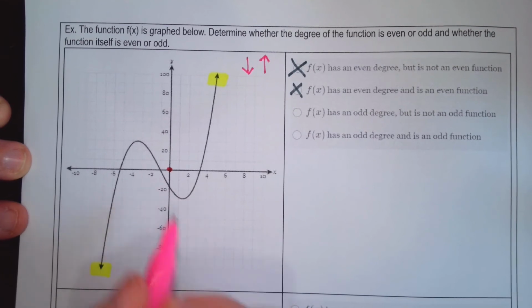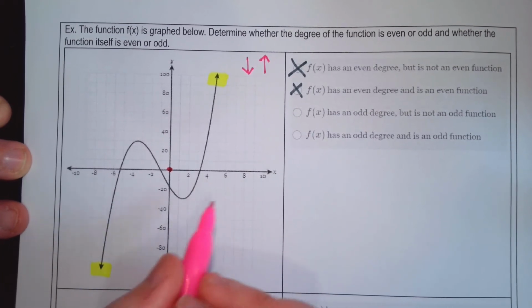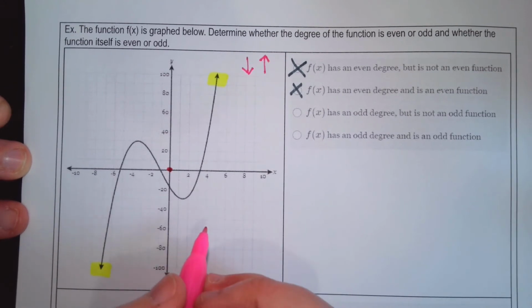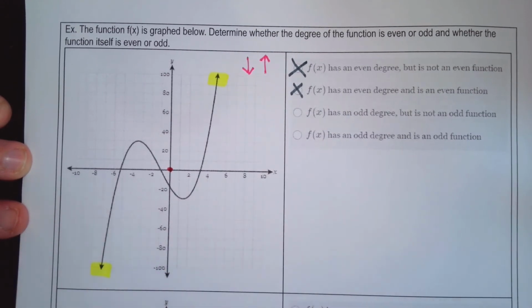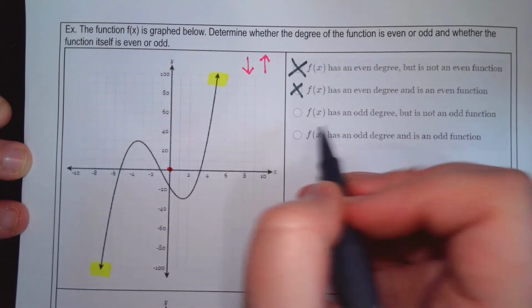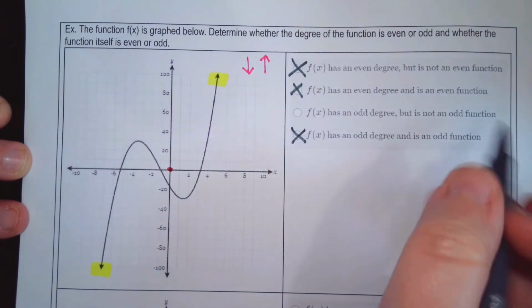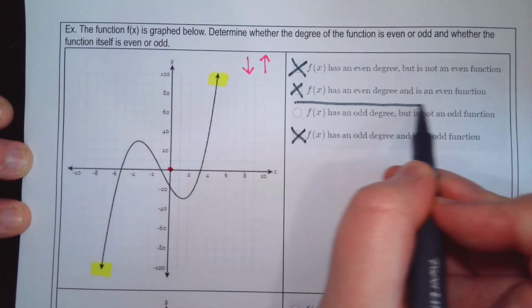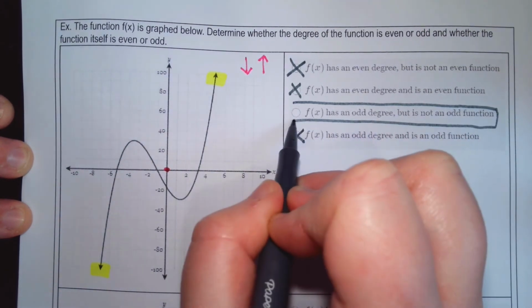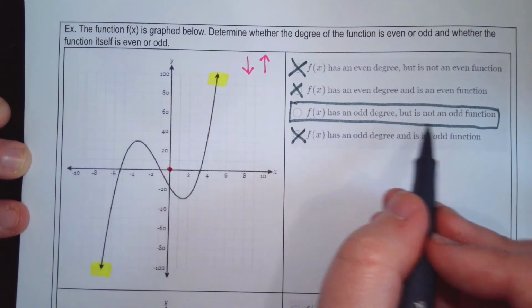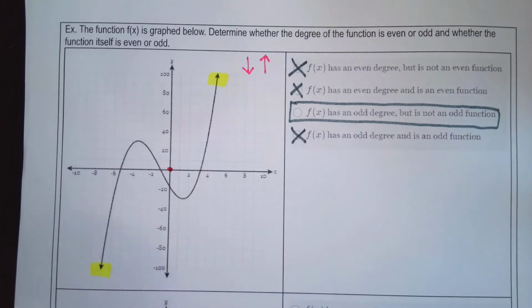Our graph doesn't even touch 0, 0. So that means it is not symmetrical to 0, 0. Therefore, it is not an odd function. So this is an odd degree, but not an odd function.